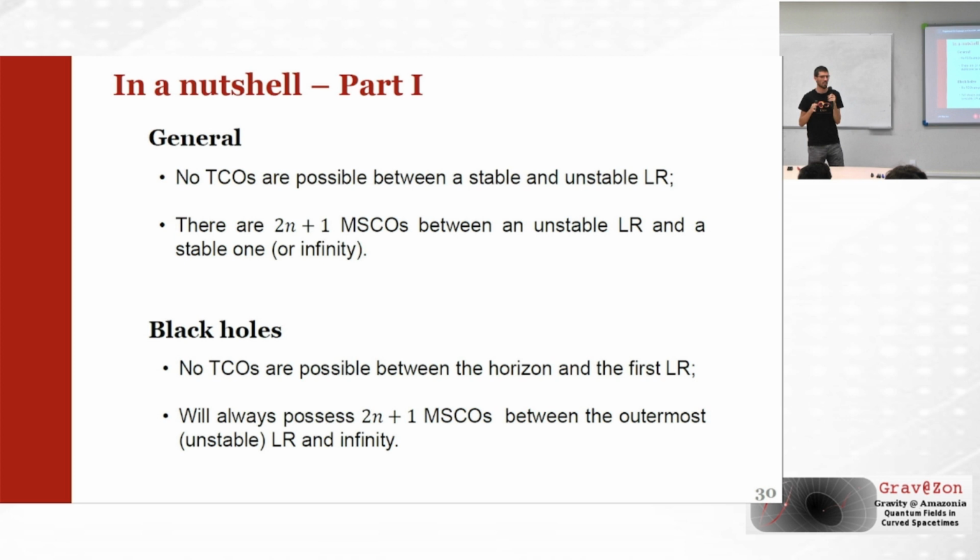So, in a nutshell, what I have done so far is, in general, I show that there are no time-like circular orbits between a stable and an unstable light ring, and that there will always be 2n+1 marginally stable circular orbits between an unstable light ring and a stable one, or infinity. For black holes, I showed that there are no time-like circular orbits between the horizon and the first light ring, and that black holes always possess 2n+1 marginally stable circular orbits between the outermost light ring, which is unstable, and infinity.